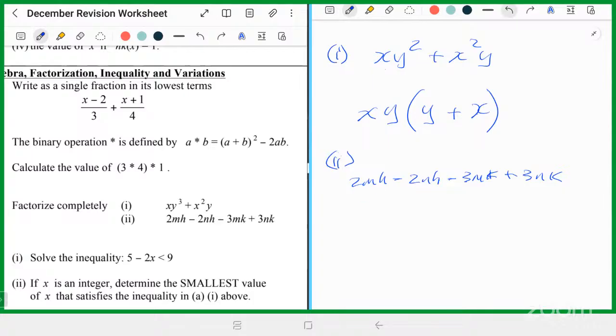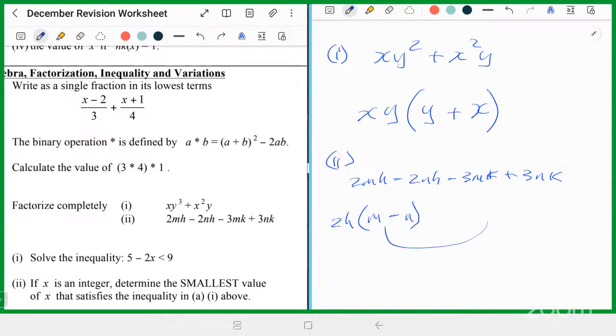So you're going to have m minus n in the bracket. I want to check if the m and the n are in the same order on these two, which they are. So you can proceed. Highest common factor in these first two terms is 2h. 2h out of this is m. 2h out of this is negative n.